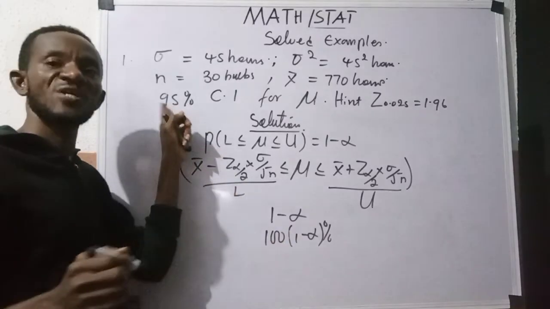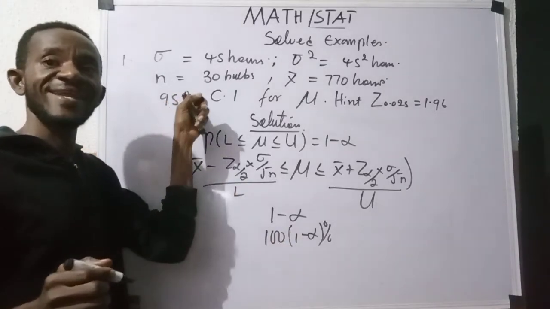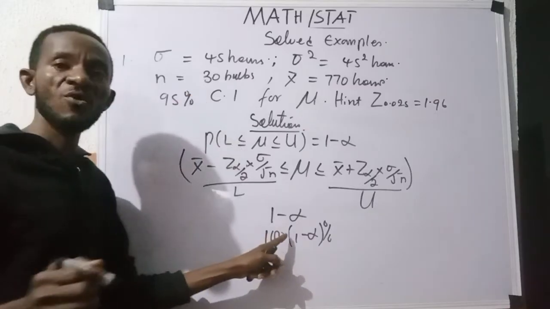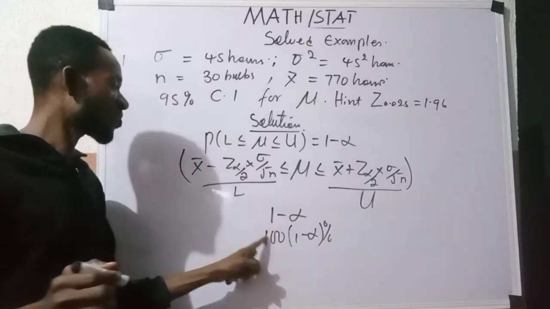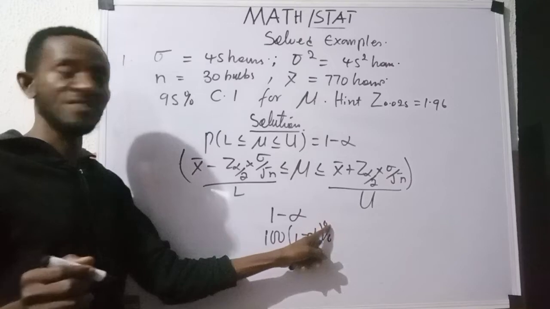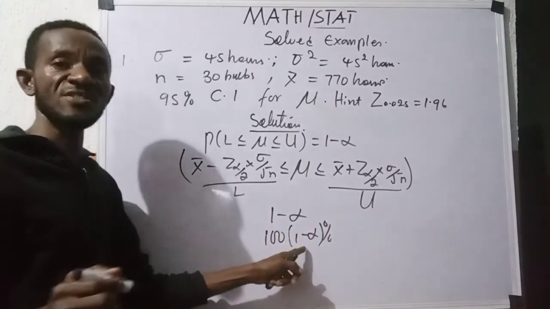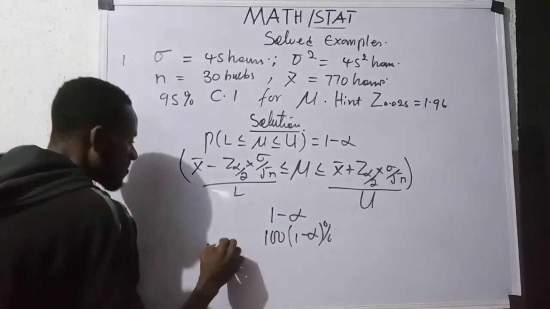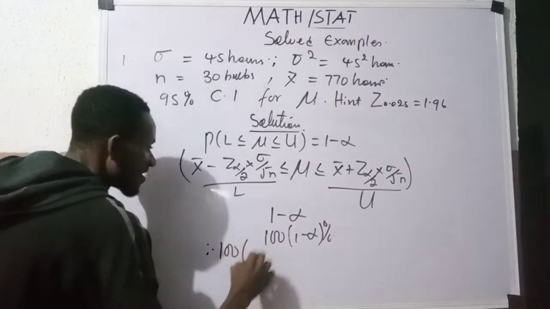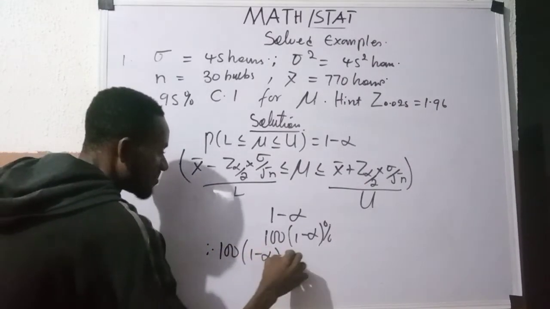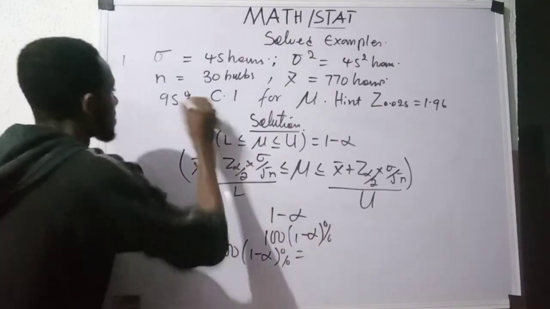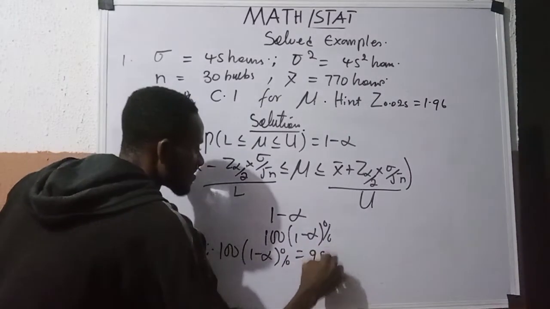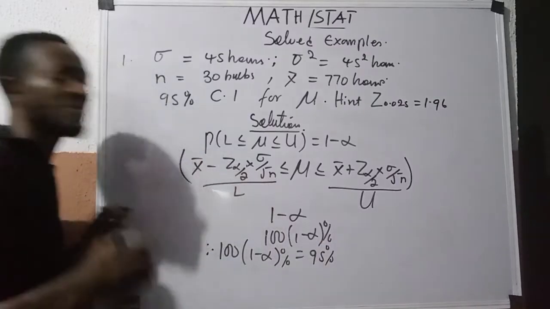They told me to construct a 95% confidence level, but I know that my confidence level can equally be written as 100 into 1 minus alpha percent. So I'm going to equate this to this. Therefore, my 100 into 1 minus alpha percent equals 95%.